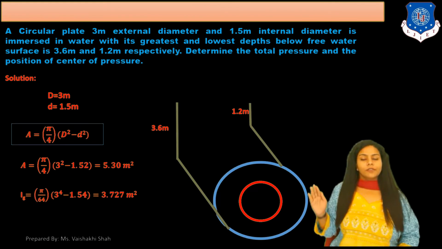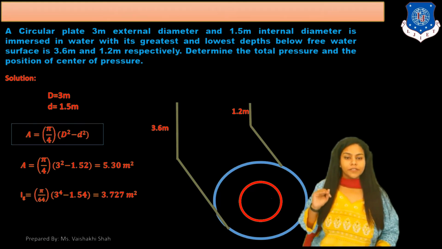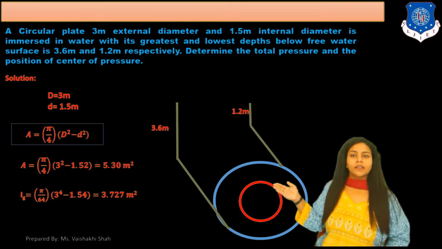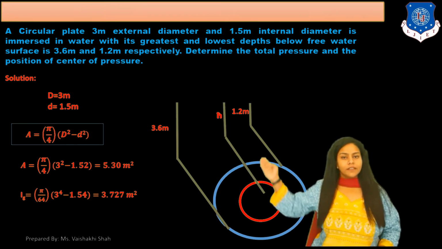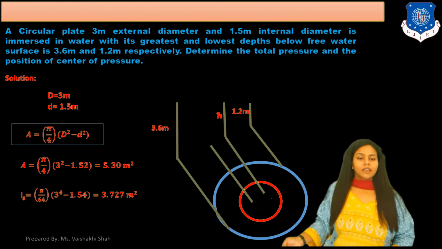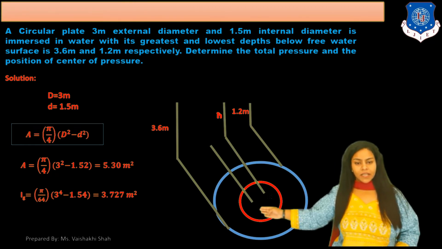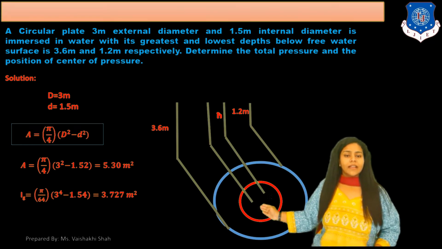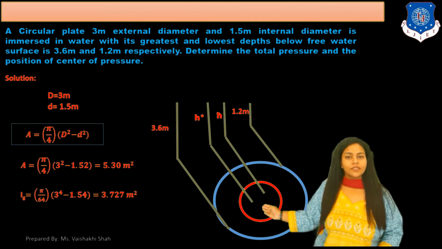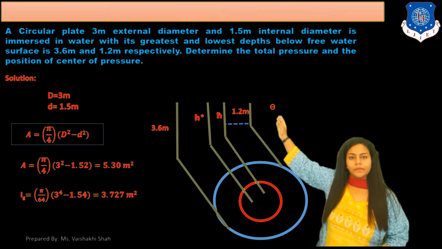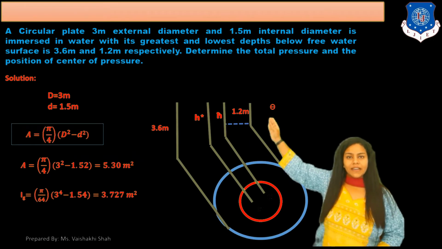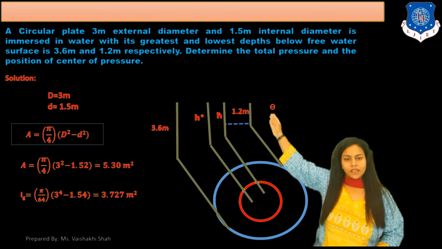Now we have to find out total pressure and center of pressure. So this is point G, the center of gravity, and the distance from the center of gravity is h bar. The another point is point P, and the distance from free surface is h star. The angle of inclination is theta, the angle where the body is inclined.